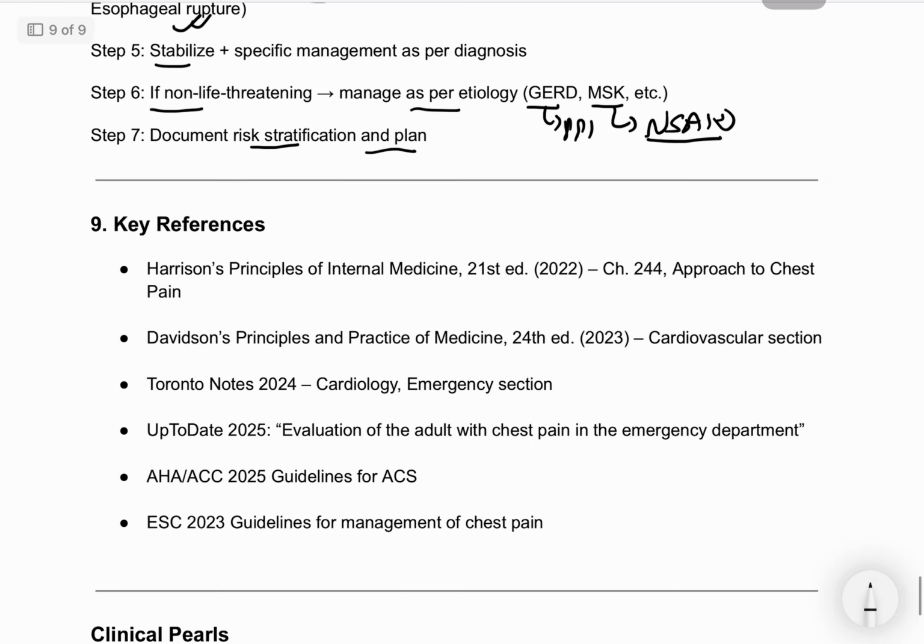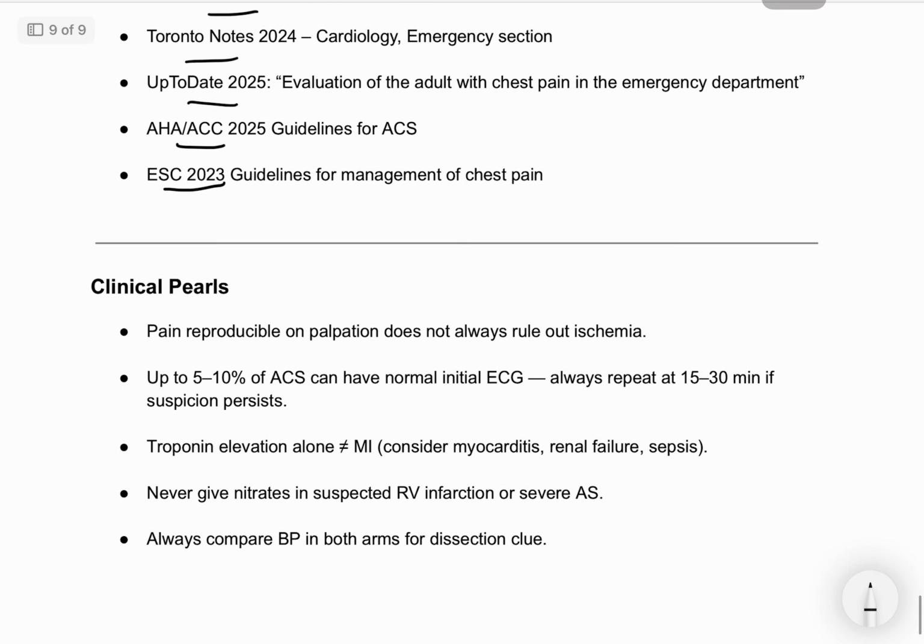Okay, these are the references I took to make this presentation. Lastly, these are the clinical pearls I must tell you. Pain that is reproducible on palpation does not always rule out ischemia, but remember, if you can pinpoint the pain, then that is not ischemic.